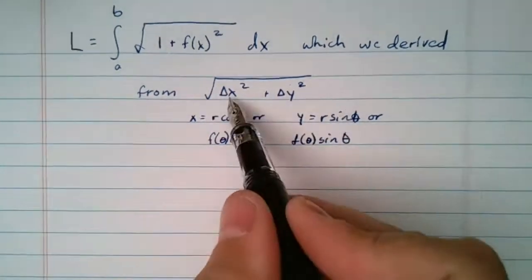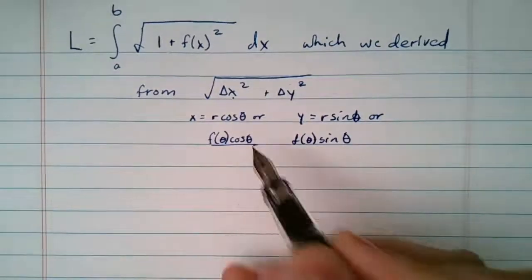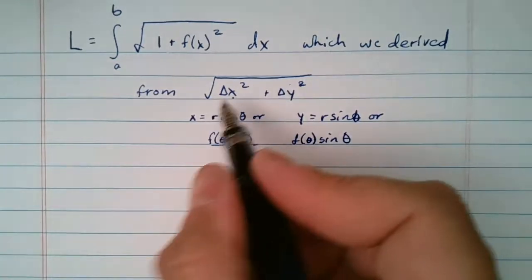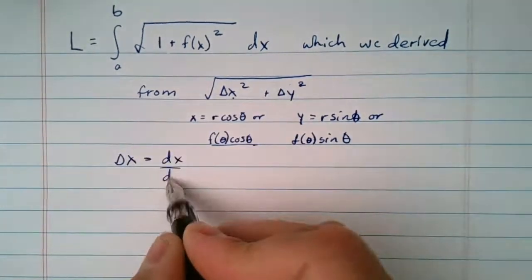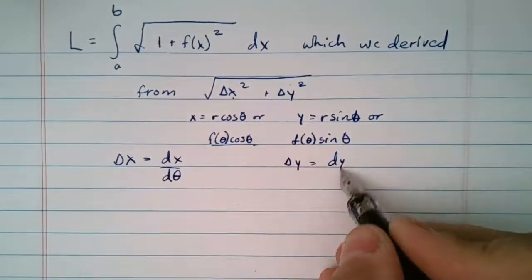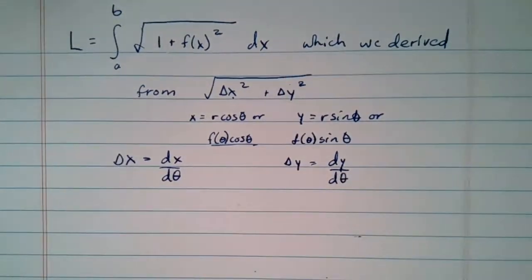And if I think of delta x, it would be the derivative of this, dx d theta, right? So delta x would be dx d theta, and delta y would be dy d theta. And we already have definitions for those.